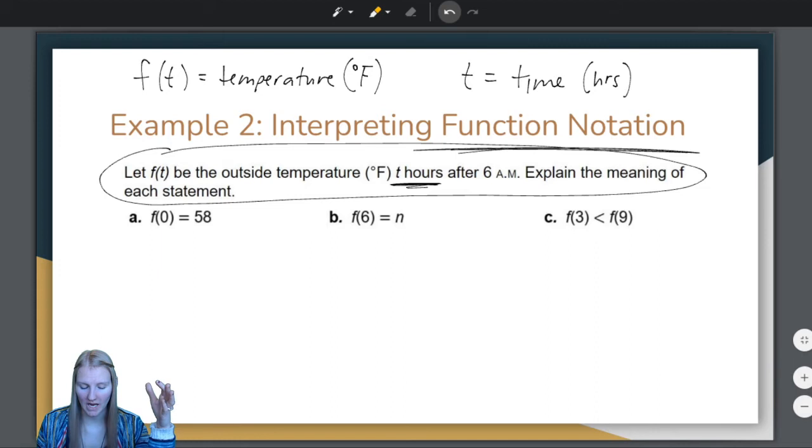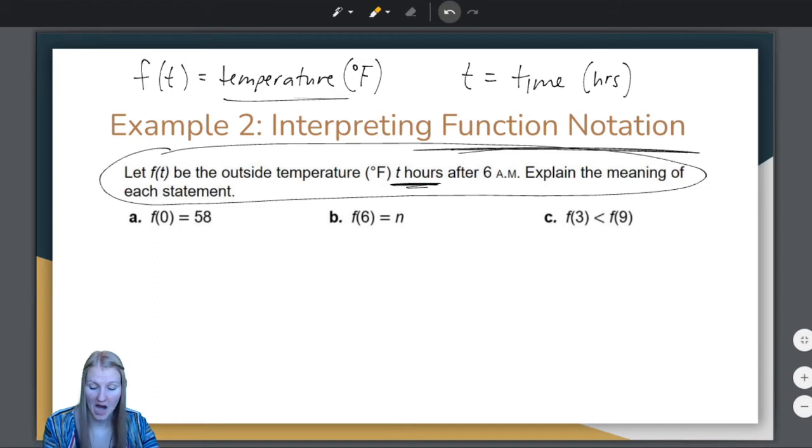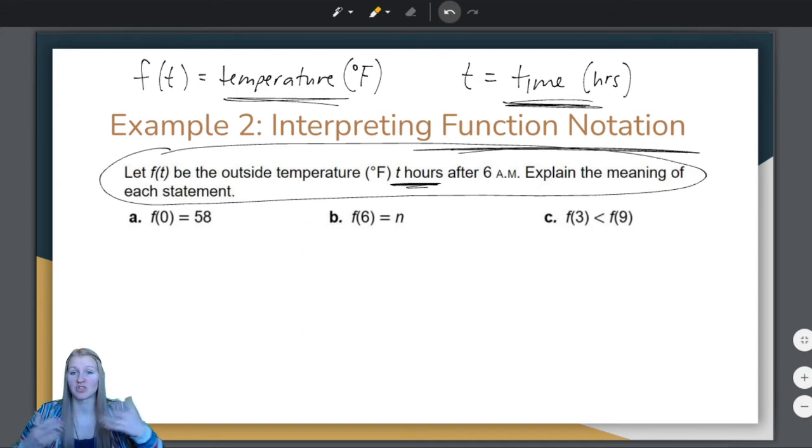So what we're saying is f of t is how hot or cold it is, and t is the amount of time, the number of hours.